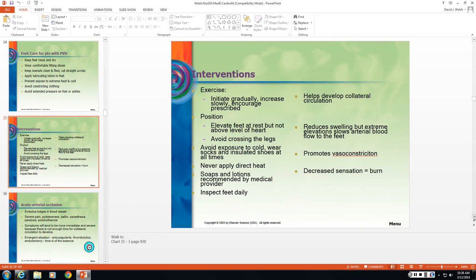The cold will promote vasoconstriction, so you want to do the opposite. You never want to apply direct heat. You want to use soaps and lotions that are recommended by the medical provider, and you want to inspect the feet daily. Like we said, when applying direct heat, they're going to have decreased sensation, so you do not want them to get a burn.